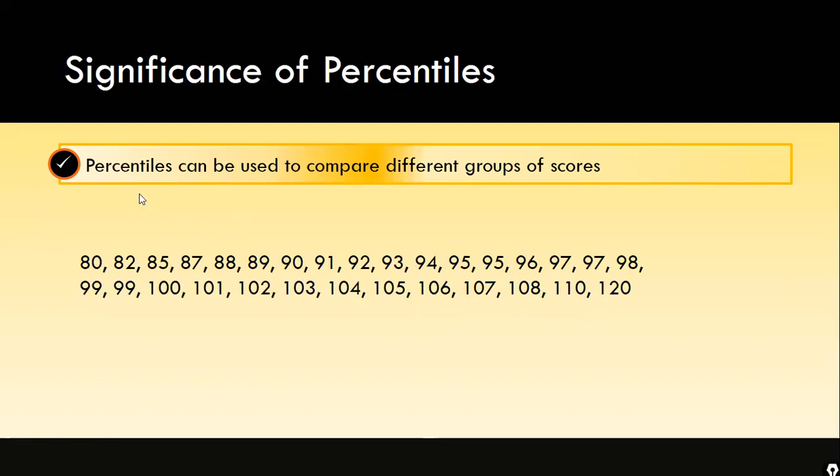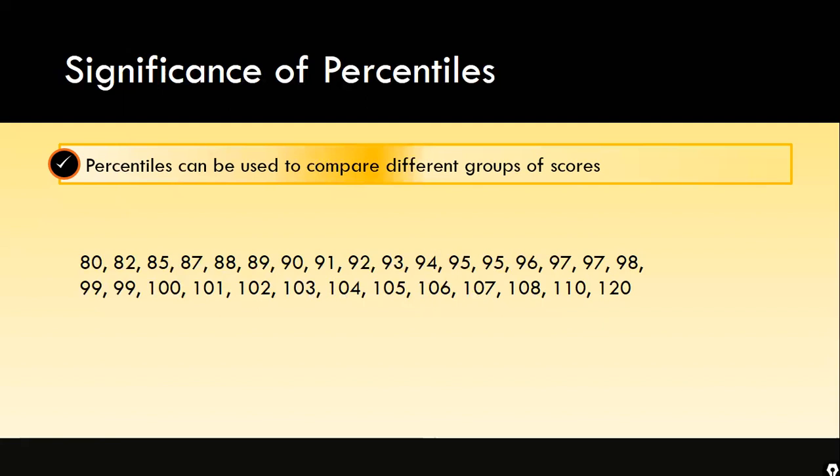To find the percentile for any specific value, we need to sort the data in ascending order first. In this data set, if you count, 30 scores are there, 30 students.